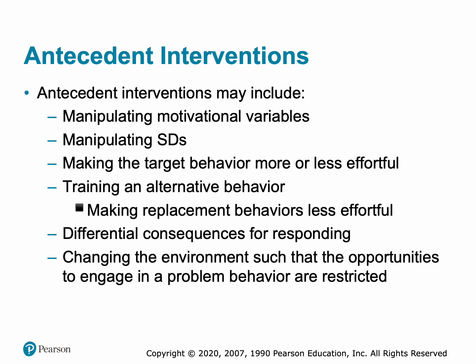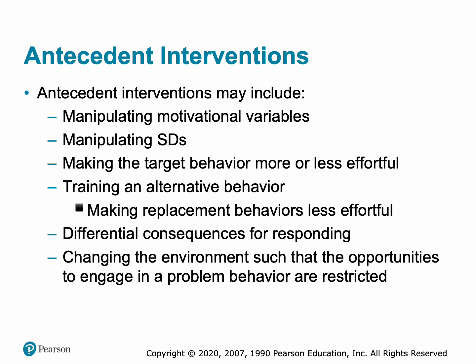Typically when we are targeting a behavior for reduction, we also select a replacement behavior that is going to be less effortful for the person to engage in, and we want the replacement behavior to be one that contacts reinforcement so that they are more likely to engage in it rather than the problem behavior.